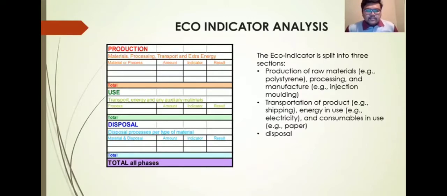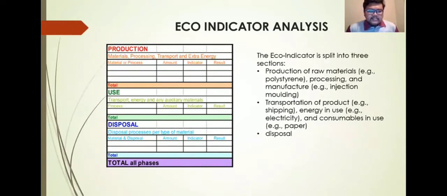which is the transportation, energy, and any auxiliary materials. We decide the amount and the indicator, and lastly the result. And then the last stage is the disposal, where we come up with the disposal process per type of material.